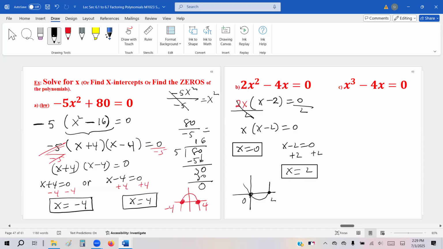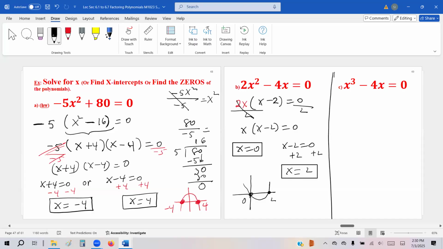But if you pull out a variable, then you have to set the variable equals 0 and solve for the variable. You can never divide by a variable. If you divide by a variable, you lose a solution. So you cannot divide by -2x. We have to divide by only the number 2.